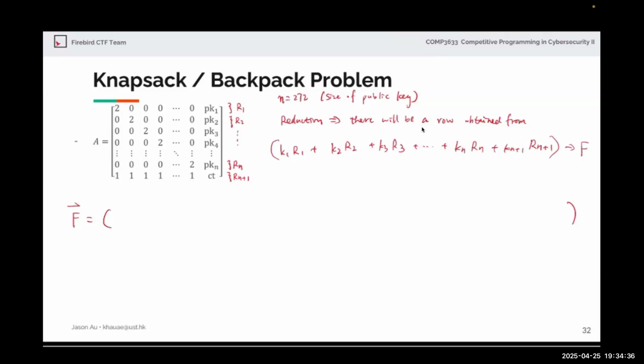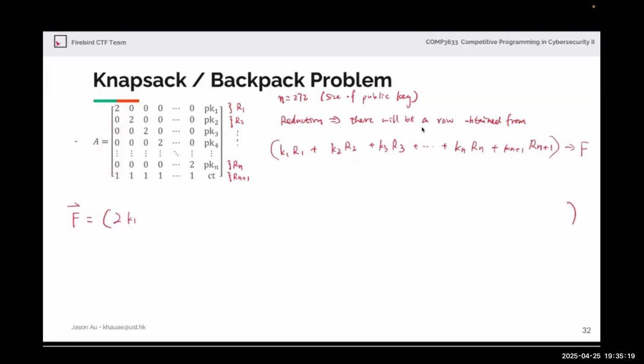What are the elements inside? So the first element, it should be, because we use K1 times R1. Okay, so for the first column, we have K1 times this 2, because in the first column, we have 2 in the first row. So we use 2 times K1. And then, for the second row, we have K2 times row 2, but the element in row 2 is 0, and for all these elements in other rows are 0.